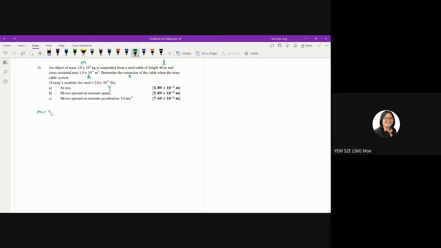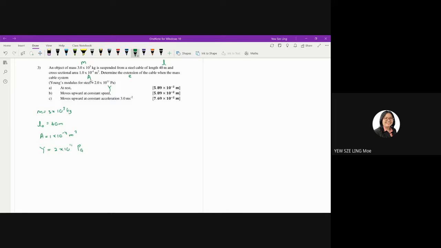M equals 3 times 10 to the power of 3 kg, L naught equals 40 meter, A equals 1 times 10 to the power of 4 m squared, and y equals 2 times 10 to the power of 11 Pascal.